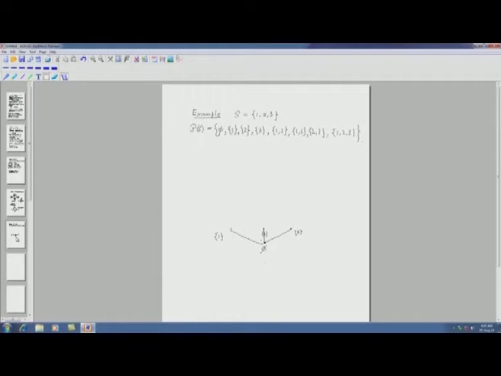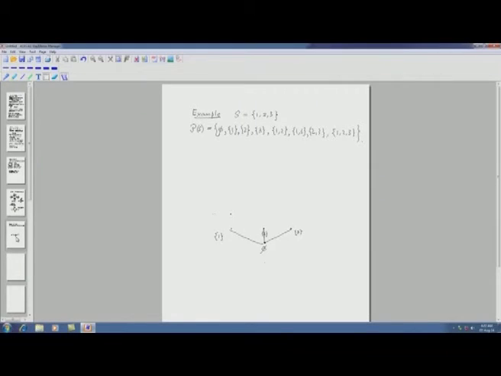Now, what I do is that I draw the next layer of elements. This is 1 2. So, 1 is of course related to 1 2. So, I will join 1 and 1 2, and 2 is of course related to 1 2. So, I will join 2 and 1 2.